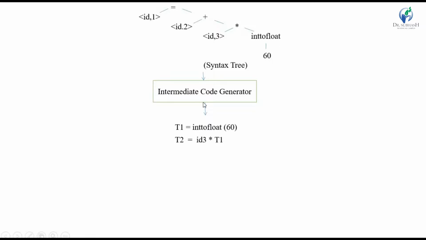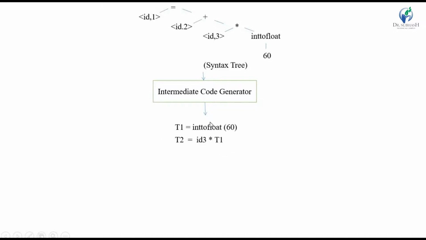Then the result of this is stored in T1, which is multiplied by id3. So here I can write id3 into T1. The result of this expression is stored in another temporary variable T2. Here you can see that I used a maximum of 3 operands: T2, id3 and T1. In between these 3 operands there are 2 operators.